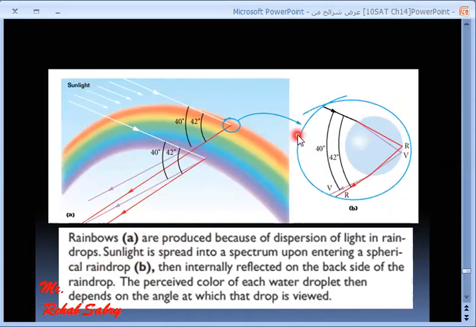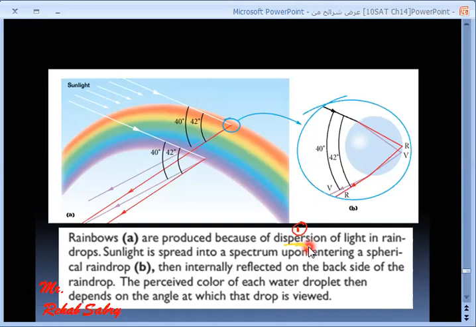The sunlight comes in like this and enters the droplet, then separation happens. Number one, dispersion. This is the first step.